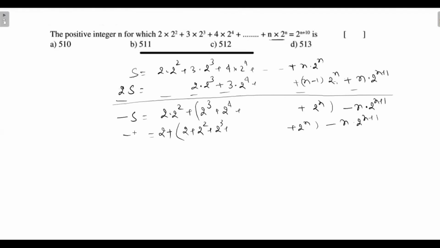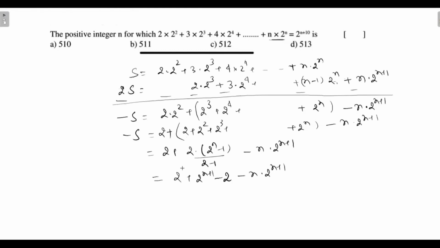So minus s. This will be 2 plus, this is just a GP, so the summation is a into r to the power n minus 1 upon r minus 1. This is my GP, and then minus n into 2 to the power n plus 1. Now the next step: 2 minus 1 is 1, so this will be 2 plus 2 to the power n plus 1 minus 2, and this will be n into 2 to the power n plus 1.